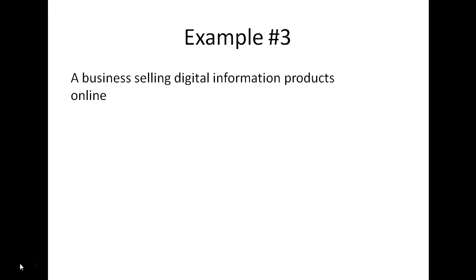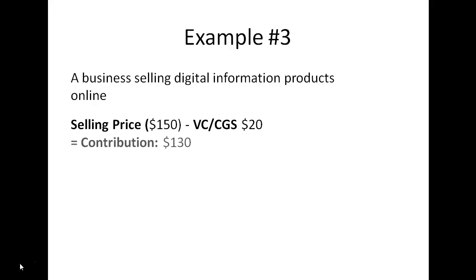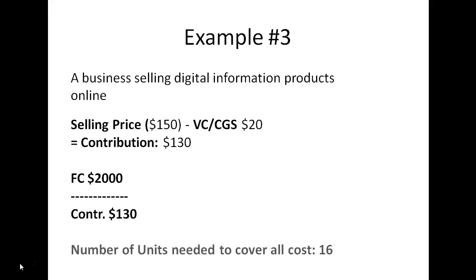So what will be the contribution first? The contribution will be the selling price of $150 minus the variable cost or cost of goods sold, which is $20. And the contribution will be $130. So what would be the break-even in terms of number of units that we need to sell of this digital product now, which is fixed cost of $2,000 divided by contribution of $130, and voila, here we go.